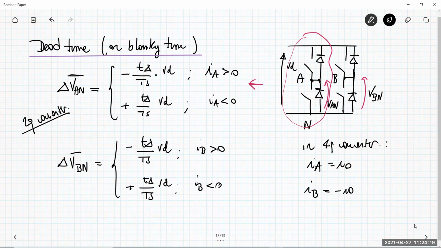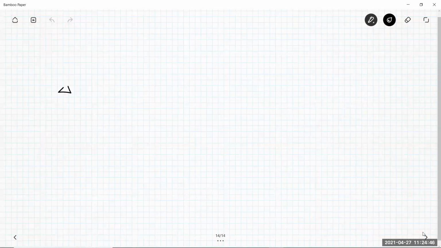What happens to the output voltage? The output voltage is the difference between VAN and VBN. So we can use these relationships that are due to the Kirchhoff current law and voltage law at the output of this four-quadrant converter to relate these results. So we have delta V, the variation in the average value of the output voltage due to the presence of this dead time, which is simply delta VAN minus delta VBN average value.